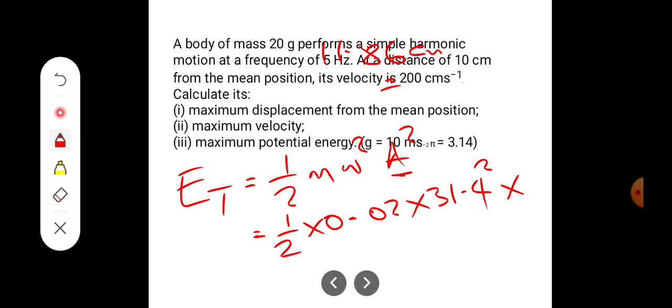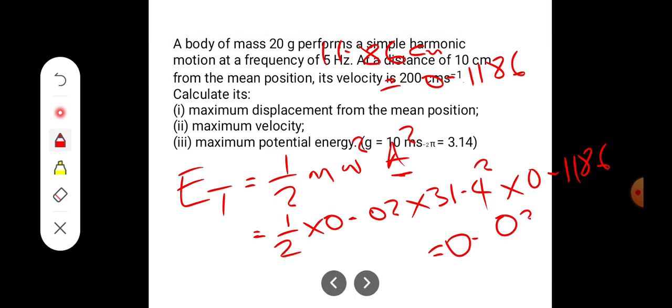So that will give us 0.1186. Multiplying by 0.1186, using my calculator, that is 0.037 joules. Okay, so that is it for this question.